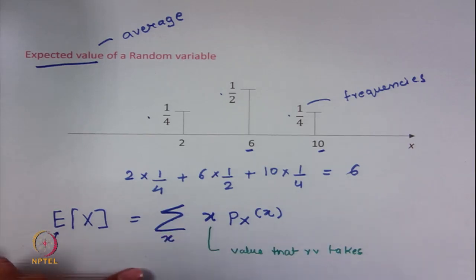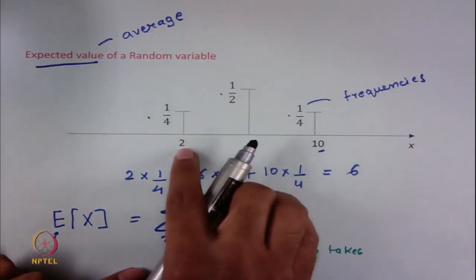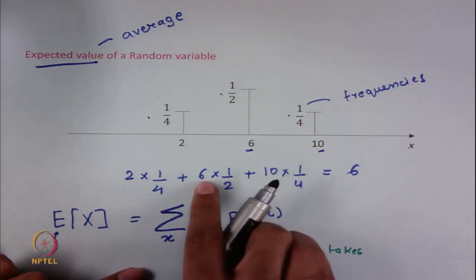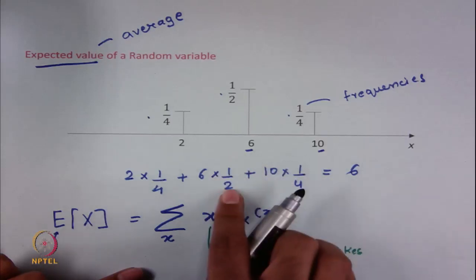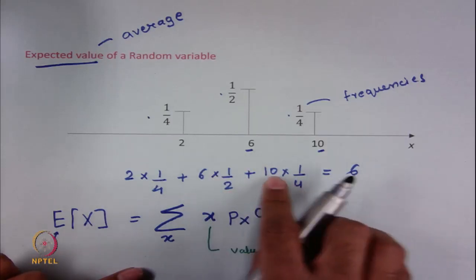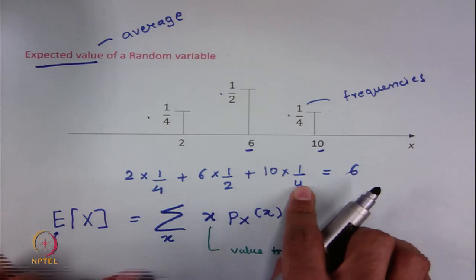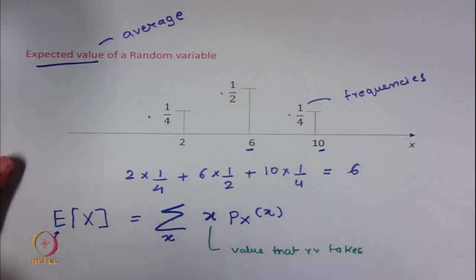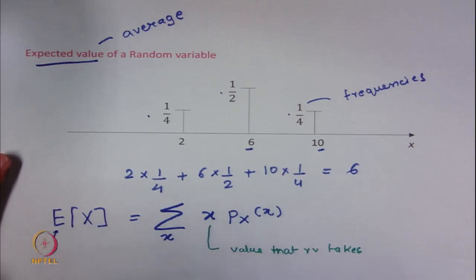Okay. So, you take x 1 and multiply with the probability of x 1, you take x 2 and multiply with the probability of x 2 happening, you take x 3 and multiply with the probability of x 3 to happen, and finally, you calculate the expected value of the random variable x.